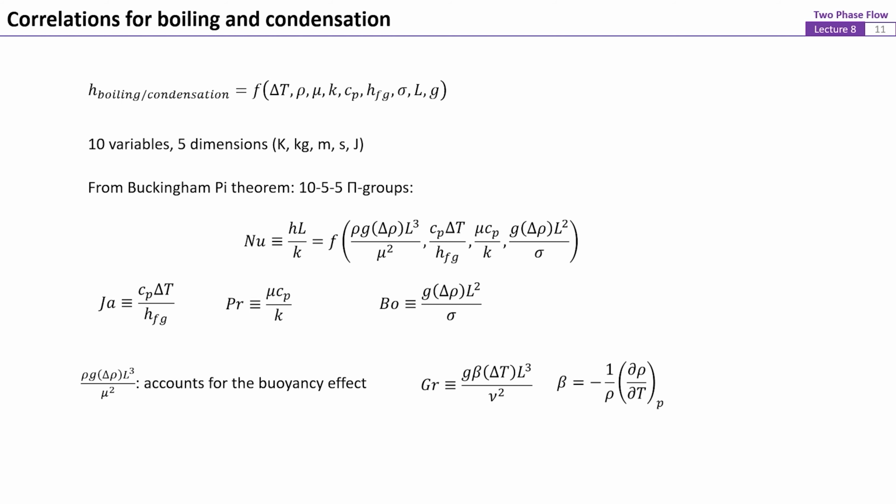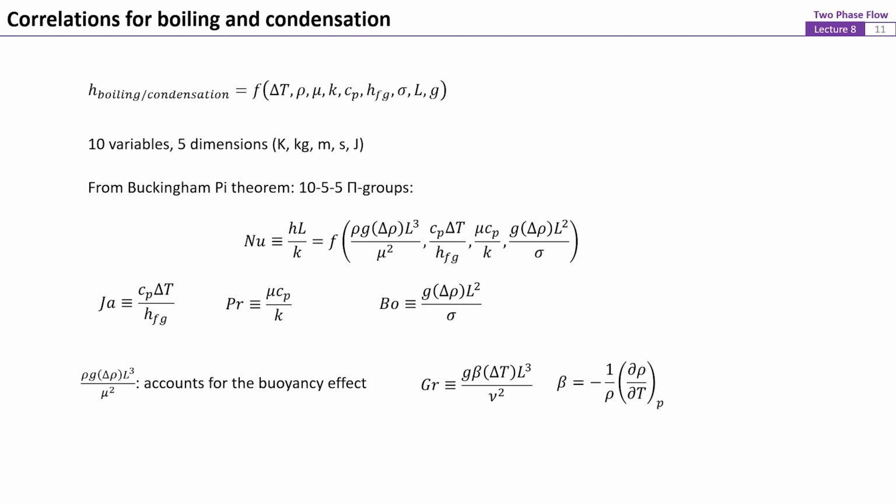In practice, empirical or semi-empirical correlations or models are better approaches for evaluating the heat transfer associated with boiling or condensation. Thermophysical properties of the fluid and the heating conditions should be included in such kind of correlations.